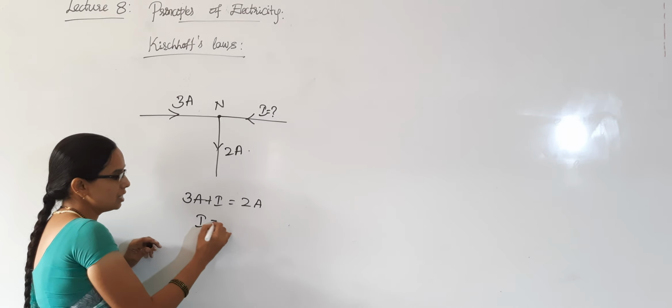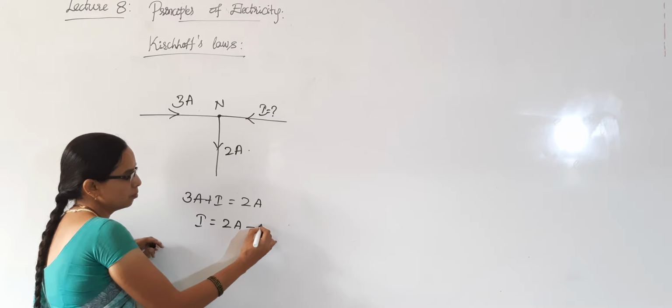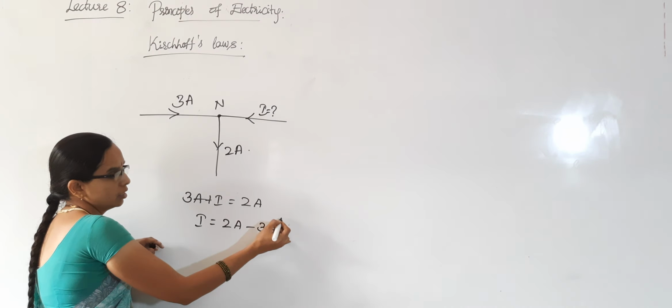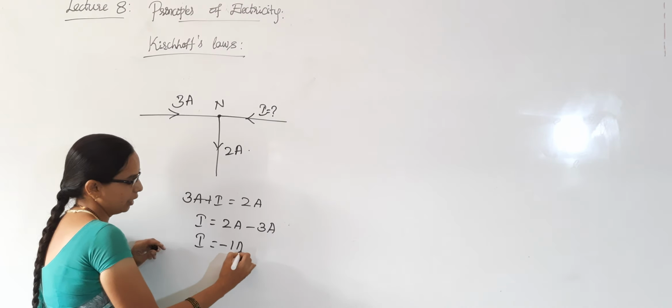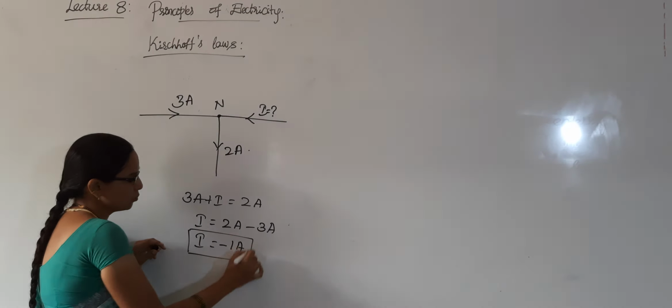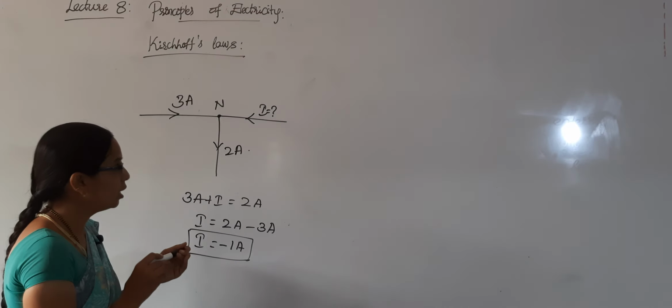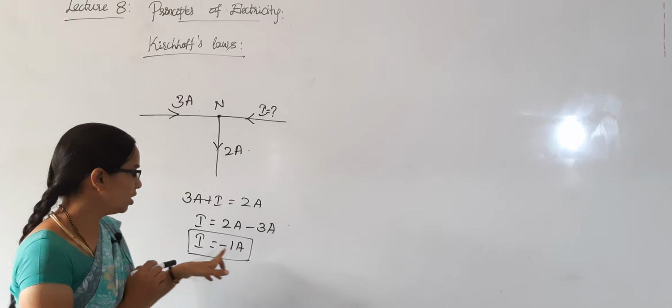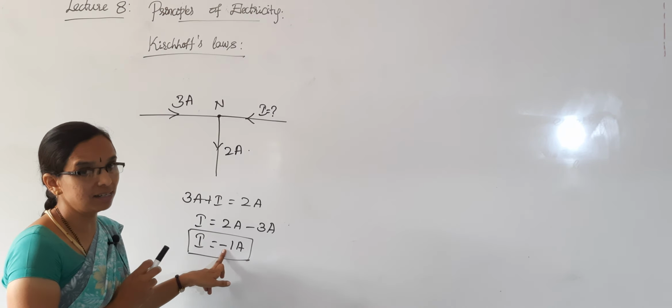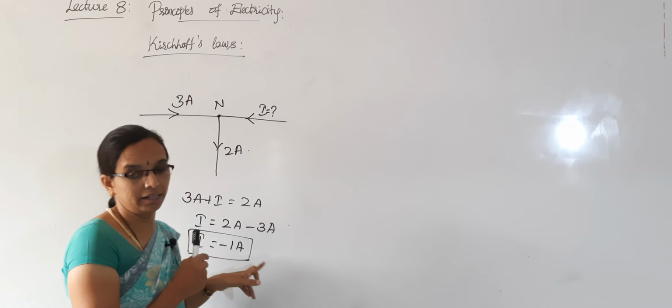That means I is equal to 2 amperes minus 3 amperes, so I is equal to minus 1 ampere. The magnitude is 1 ampere, but it is flowing in the opposite direction. Therefore, the sign indicates the direction of the current.